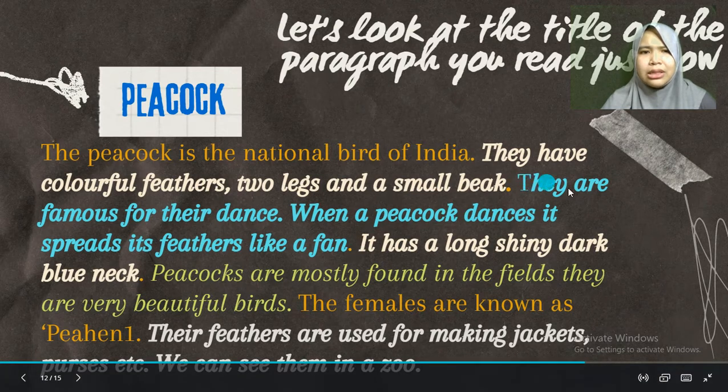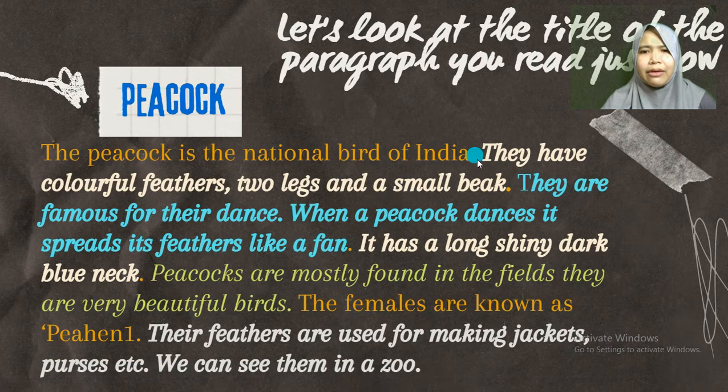Yes, the supporting details of this paragraph is the physical traits of a peacock. For example, they have colorful feathers, two legs, and a small beak. So the second sentence, you may say, usually has the supporting details. And they are famous for their dance. This answers the question, what are peacocks famous for?